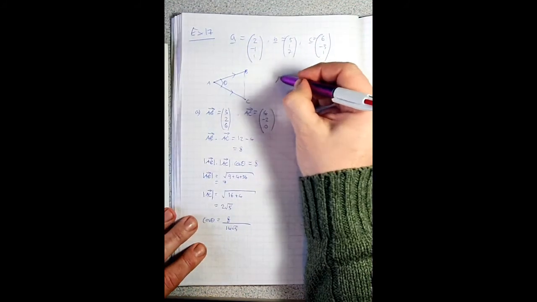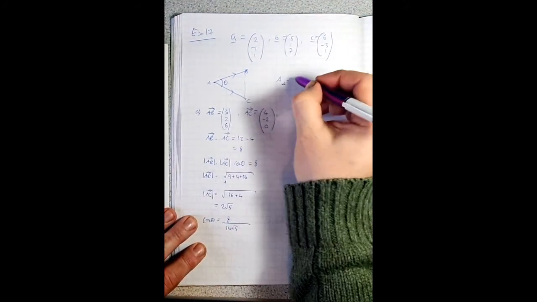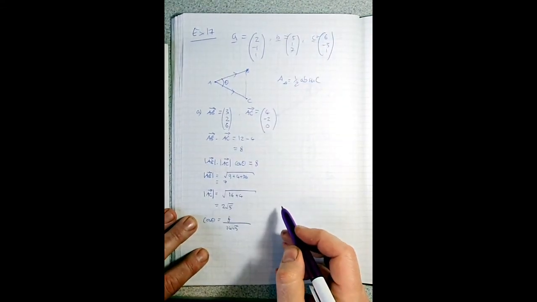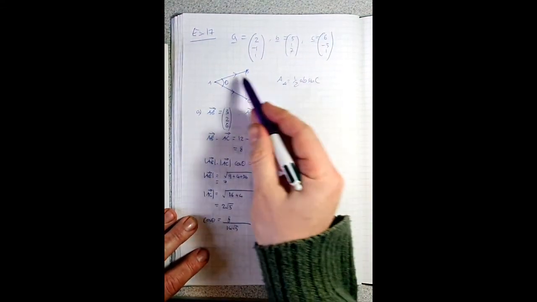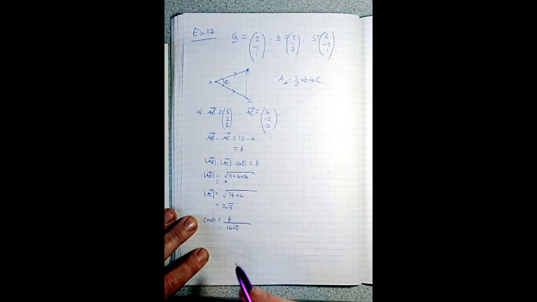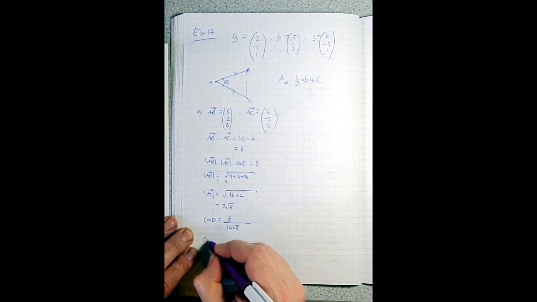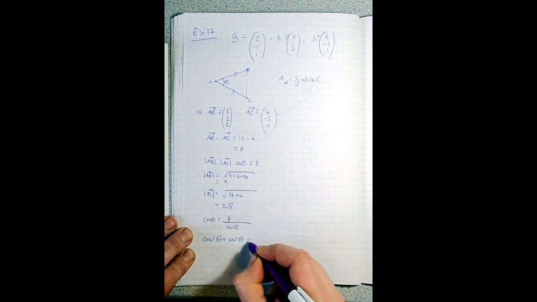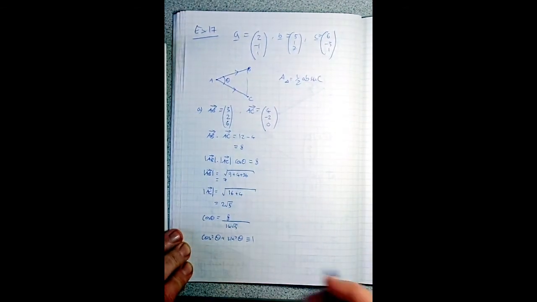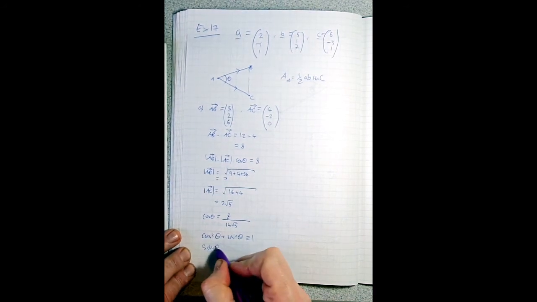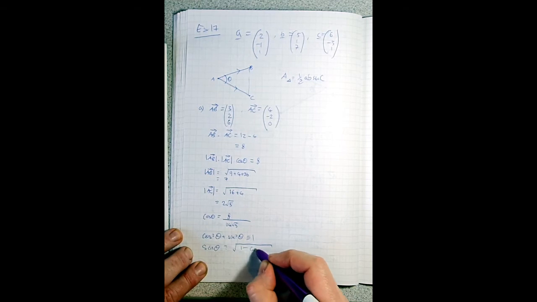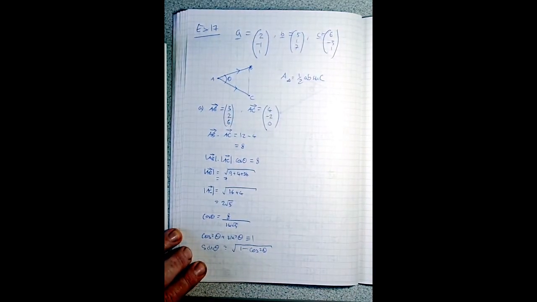Now remember, the area of a triangle is half ab sine C. So I need the sine of the angle in between rather than the cos, but that's okay because we know that cos squared theta plus sine squared theta is equal to 1. Then sine theta is equal to the square root of 1 minus cos squared theta.